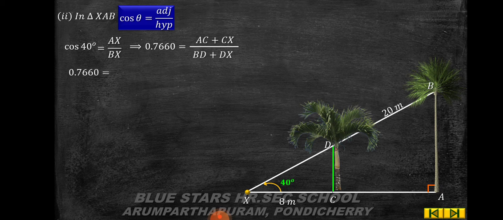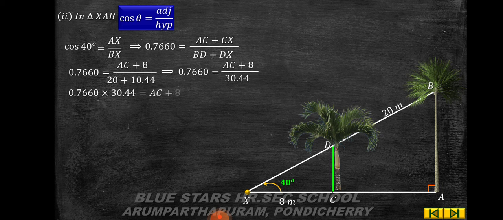So 0.7660 is equal to AC plus CX, whose value is 8, divided by BD, which is 20, plus DX, which is 10.44. Now we have found this, which implies 0.7660 is equal to AC plus 8 divided by 30.44. Then the next step is cross multiplication.